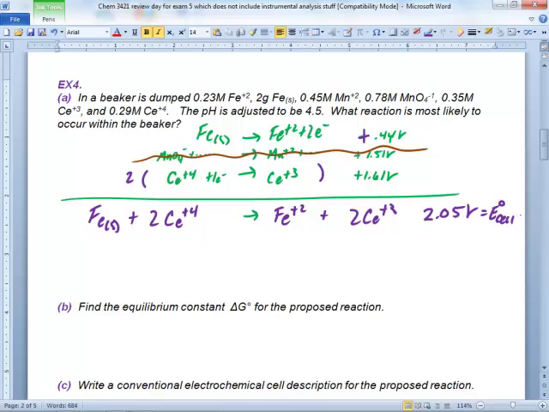Now, find the equilibrium constant. We are supposed to find the equilibrium constant, delta G0, for the proposed reaction. What was that equation? Okay, there's this one. Delta G0 equals negative n.